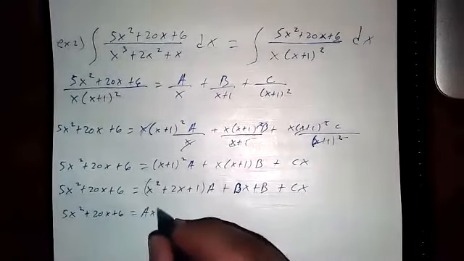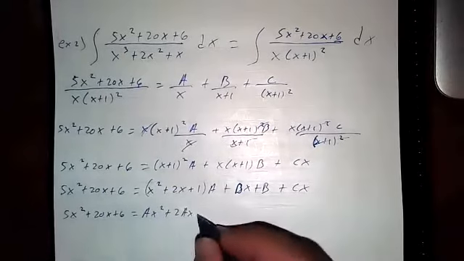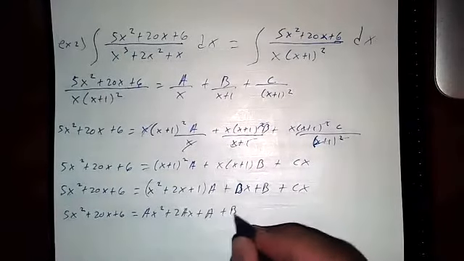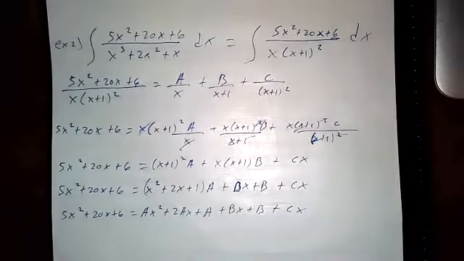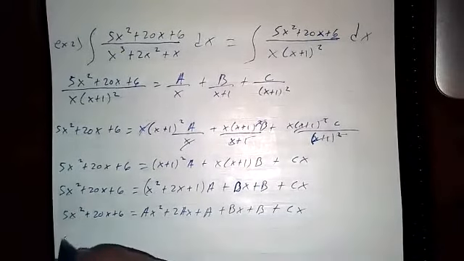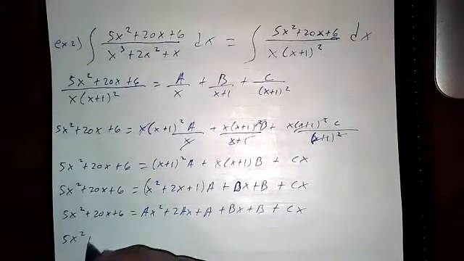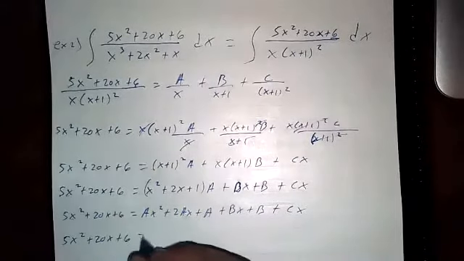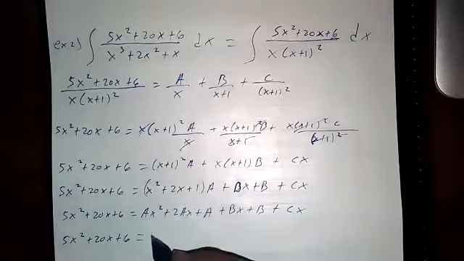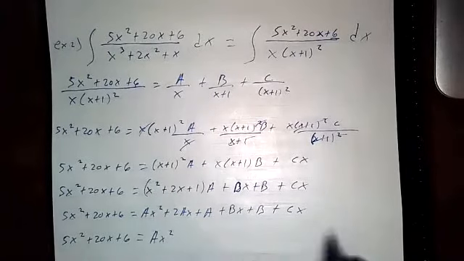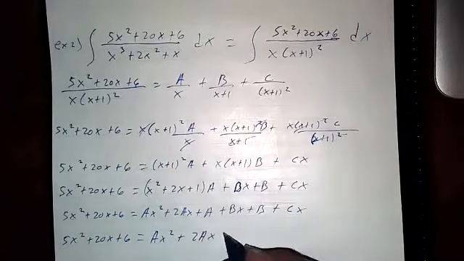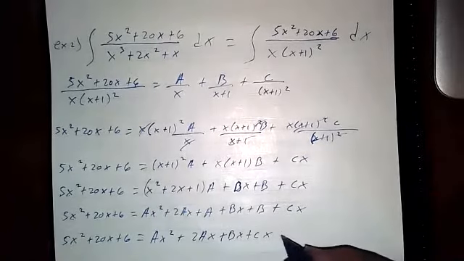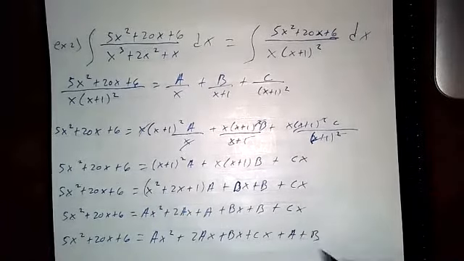So we get ax squared plus 2ax plus a plus bx plus b plus cx. There's only one x squared term, so I'll write that by itself. All the x terms will be together. All the constants together.